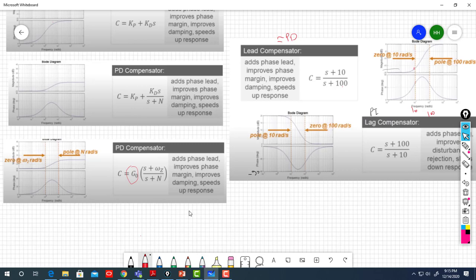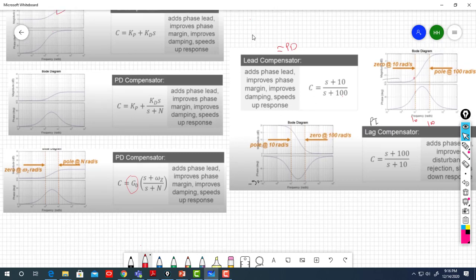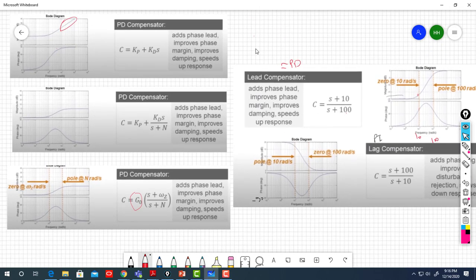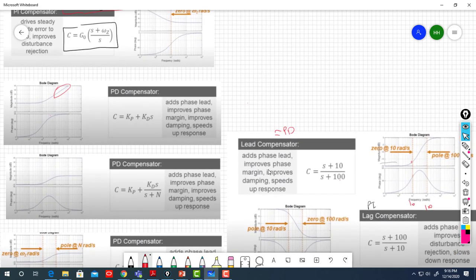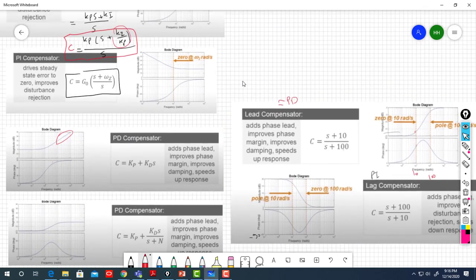But a lag compensator, if you want to compare it with PI, I can take it up a little bit.